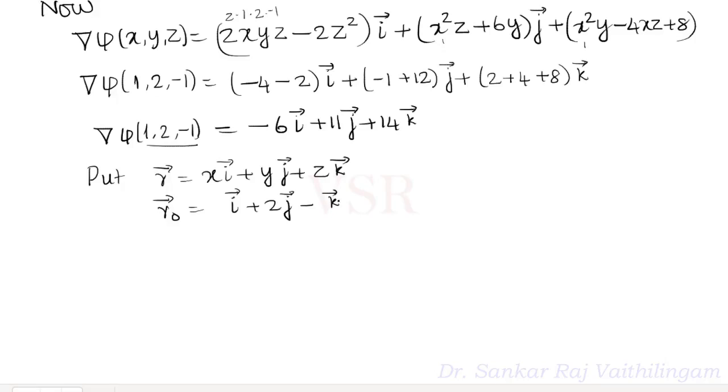So r vector minus r naught vector is x minus 1 into i vector plus y minus 2 into j vector plus z plus 1 into k vector. So this is r minus r naught.